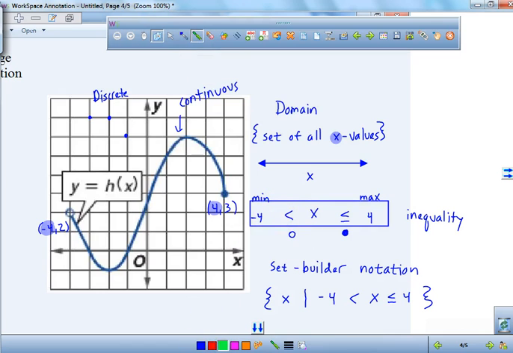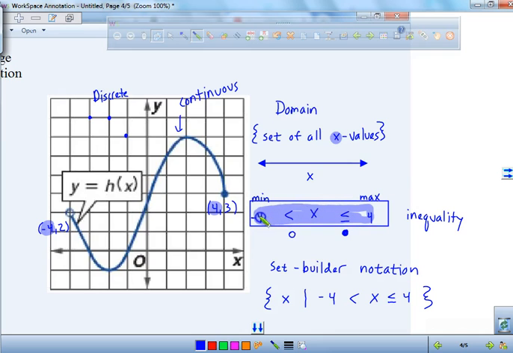You'll notice, hopefully, that all I did was take the inequality that I built right here, and I simply placed that inequality right there into the set. So there's set builder notation.